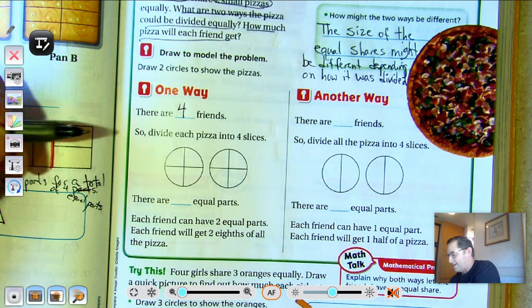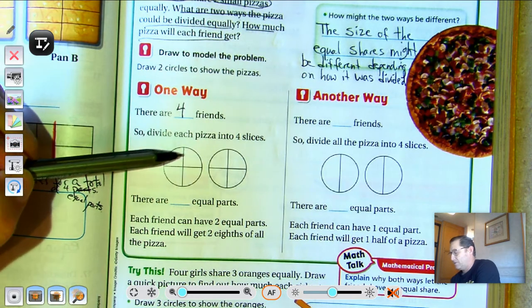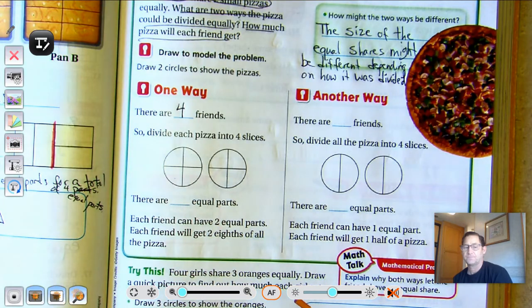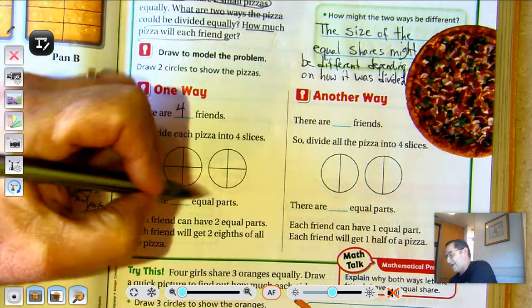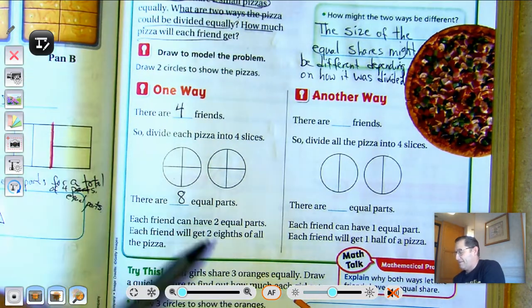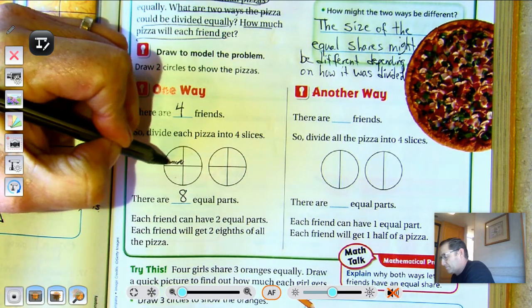So if we do that, how many total pieces are there? There's 8, right? 1, 2, 3, 4, 5, 6, 7, 8. Okay, so there's 8 equal parts. Each friend can have 2 equal parts. So let's look here.